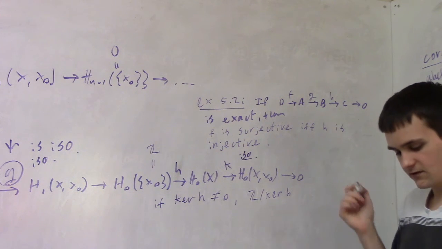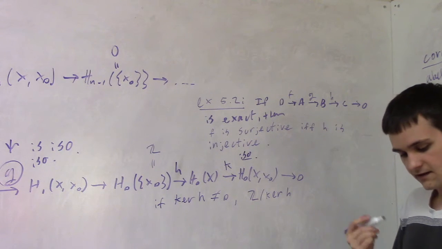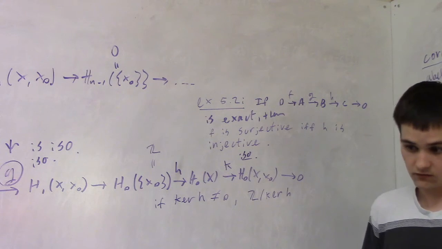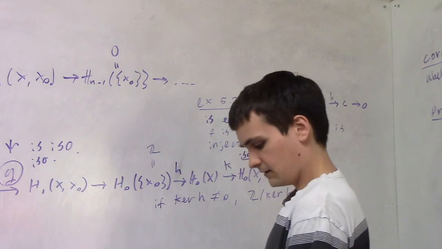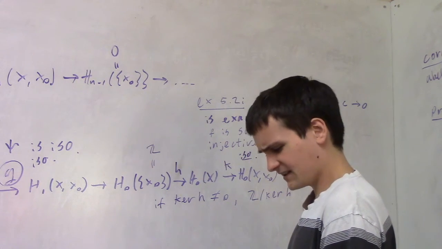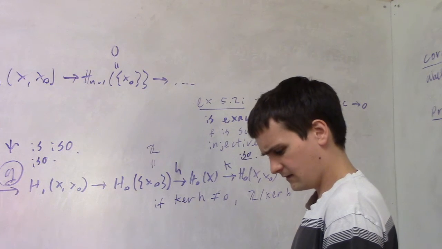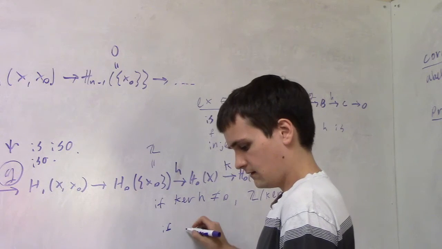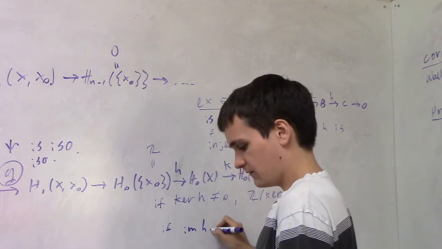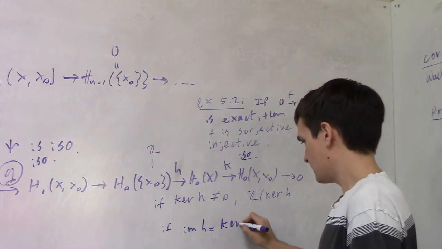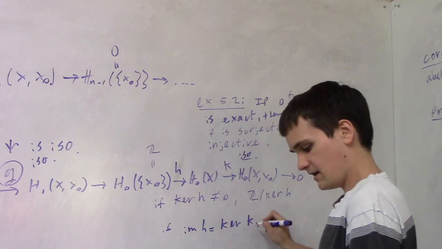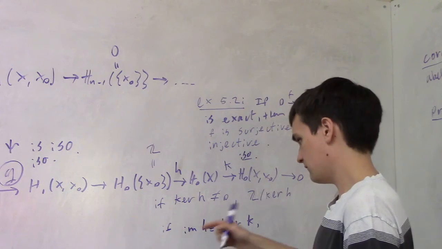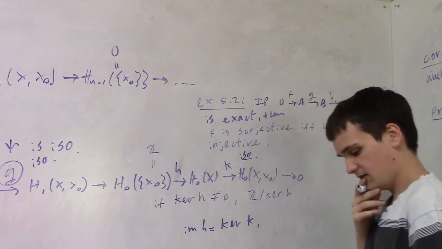So that's the first part. The argument they give here is kind of backwards. The next part is to actually show that H is non-trivial. The second part I don't really understand completely. They say if the image of H is equal to the kernel of K, well, that's true because it's exact.